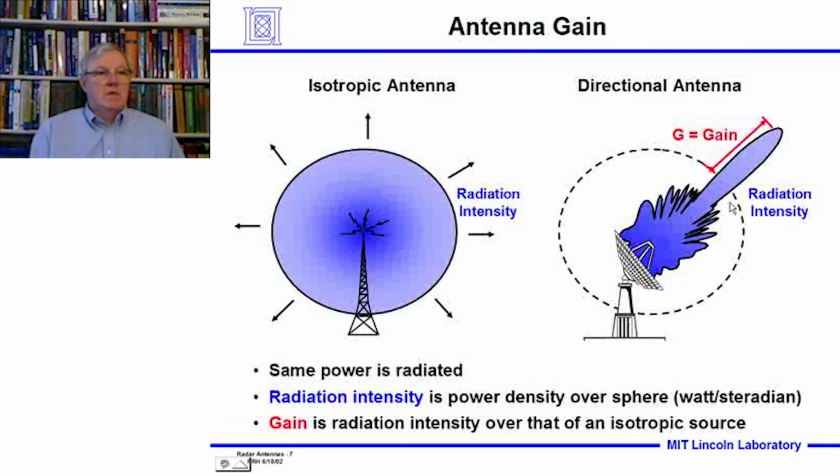Okay, now let's focus on what is antenna gain. I've talked about collimating. What do we mean by the gain of an antenna? Now, if we take a source that radiates in all directions equally likely, we call that an isotropic source. If it was an electromagnetic wave emanating from that source, here we have an ideal tower, and from it just a source on top emitting radiation in all directions.